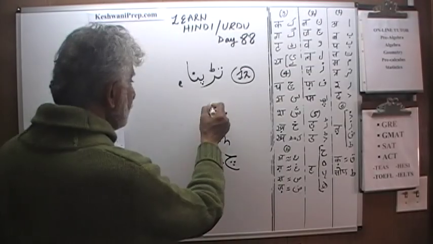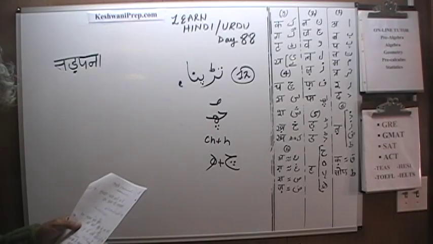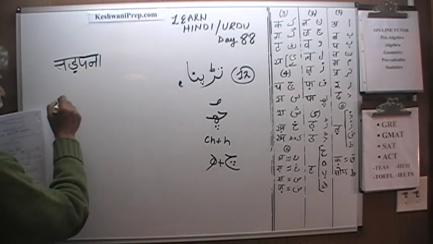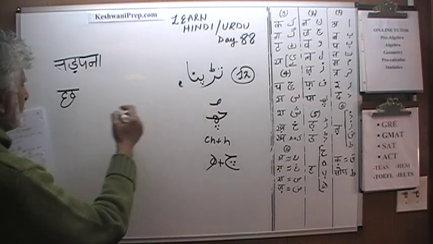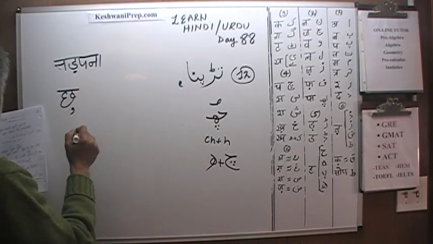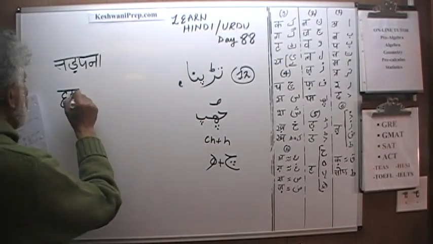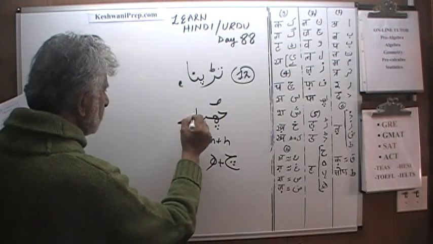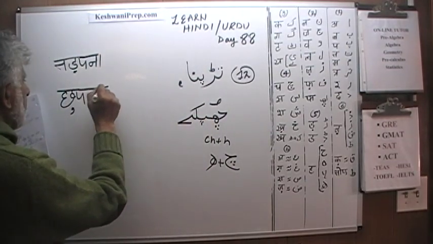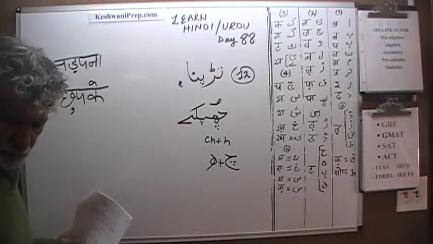We don't need a ch, we need a chu. How do we write ch in Hindi? Chup. Ke. Chupke, and she repeats the word chupke chupke.